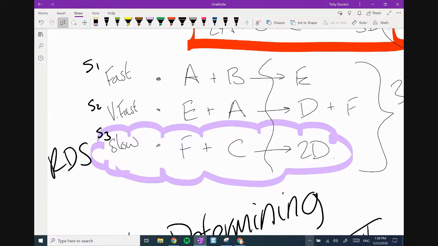Is it going to make any difference to the rate? Just think about that for a minute. Would it? I've got a fast, a very fast, and a slow. We add loads of A.